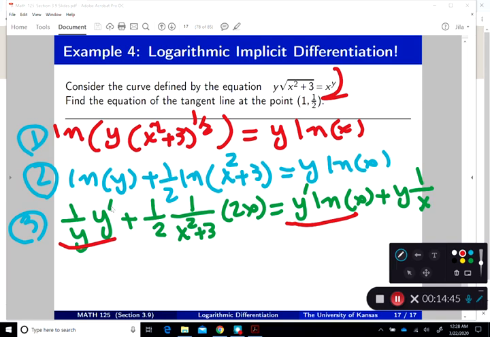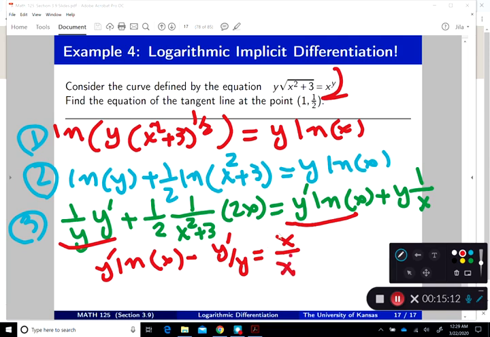What I'm ending up with is y prime natural log of x, and I'm taking this to the other side, minus y prime divided by y, and then I'm bringing this one to this side, and so I have x over x squared plus 3 minus y over x.